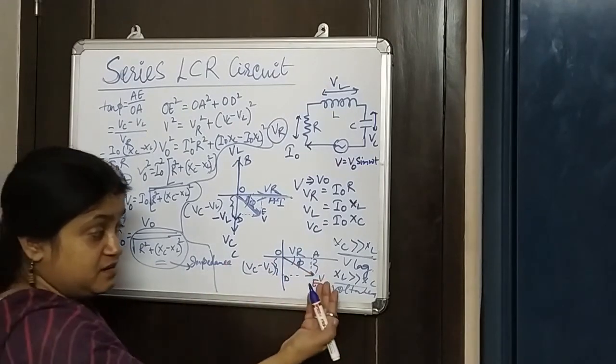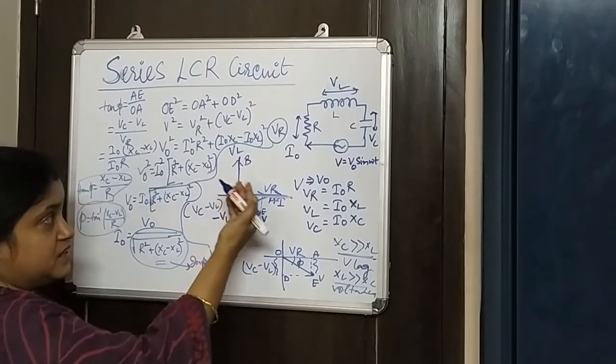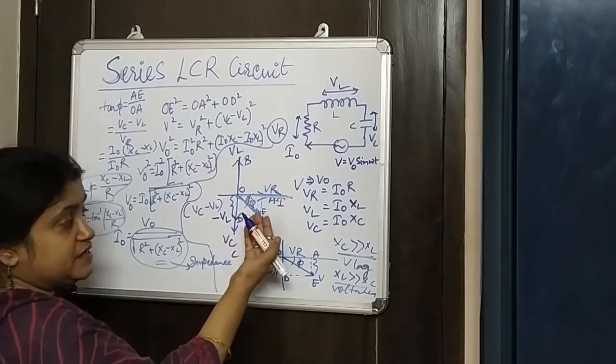And if XL is greater than XC, then the voltage leads, that is the current lags and the voltage leads. And how much will it lead?